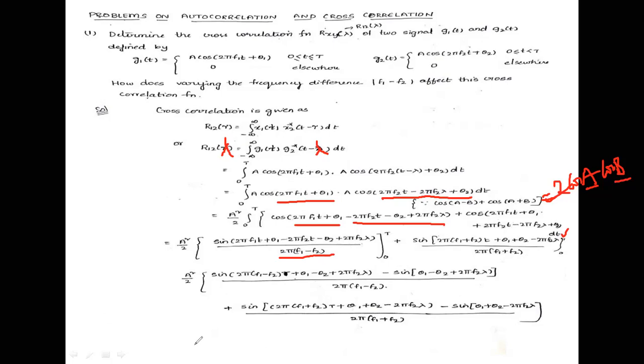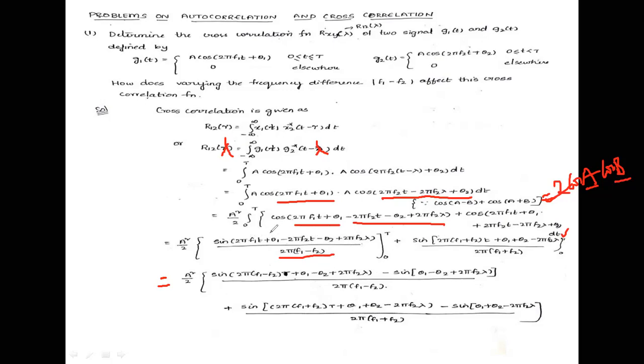Substitute that t and the 0 here. It is equal to A squared by 2 sine, the total function we have here. In that, the small t only changes to capital T. Sine of 2 pi (f1 minus f2) T, and the remaining is a constant, theta 1 minus theta 2 plus 2 pi f2 lambda, minus for the second function, the lower limit is 0, where you can keep the 0 at t only.